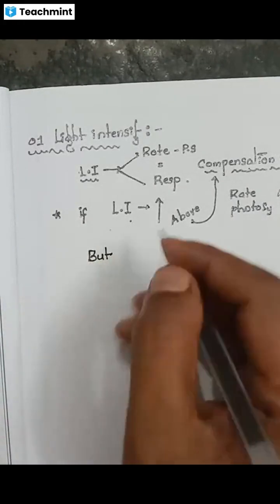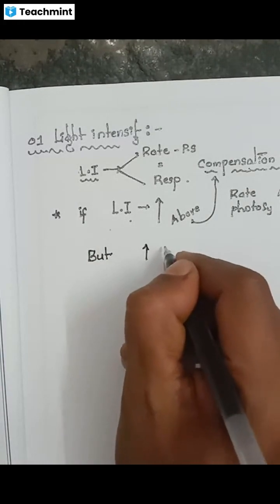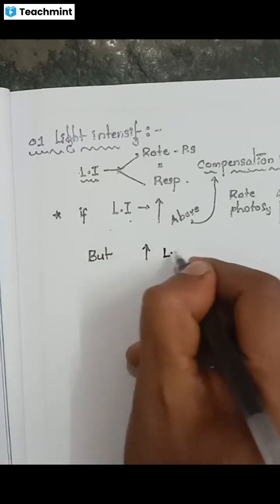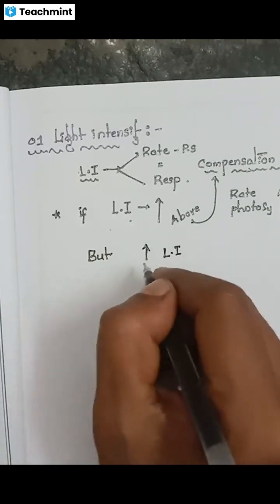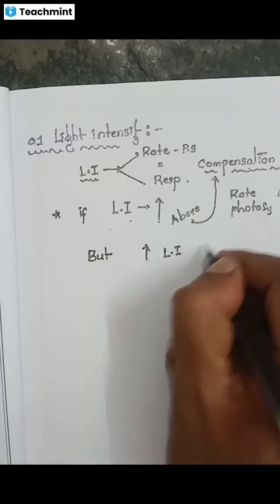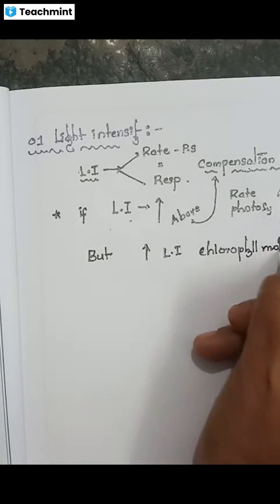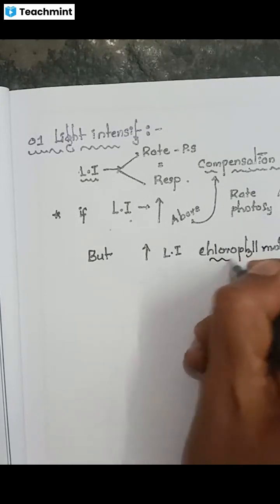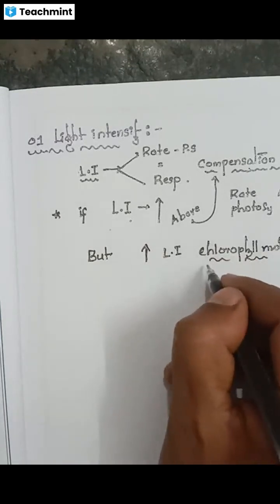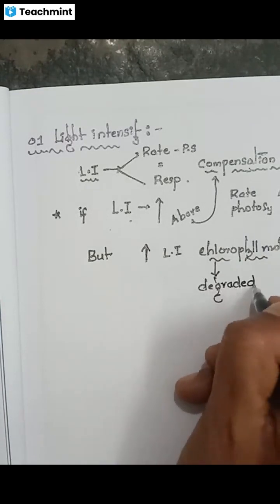But in the presence of high light intensity, the chlorophyll molecules are degraded or destroyed.